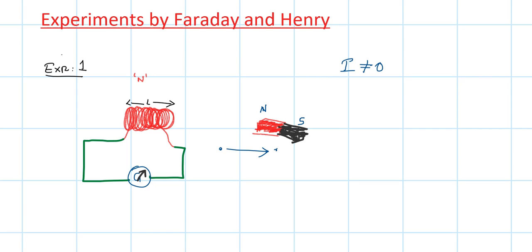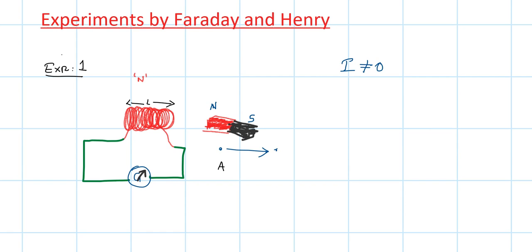Now let us take a look at the same experiment, but this time instead of moving the magnet away from the coil, we move it closer to the coil. In this case also the galvanometer shows a deflection.